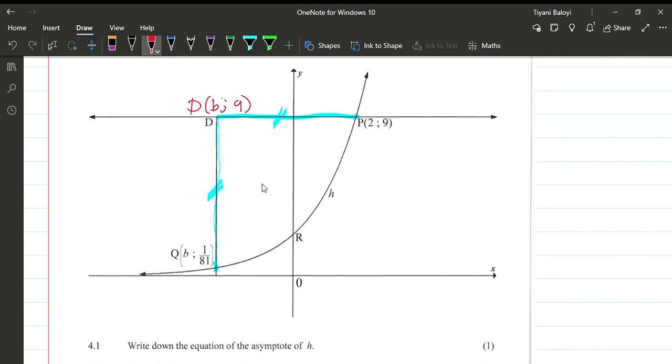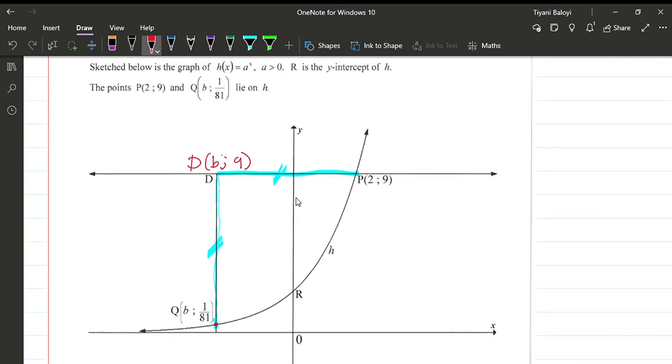Since this is not on the graph, we cannot substitute 9 to get b. We have to use the value here that's on the graph to get b. Our objective is not to calculate the coordinates of D, but this whole length here.